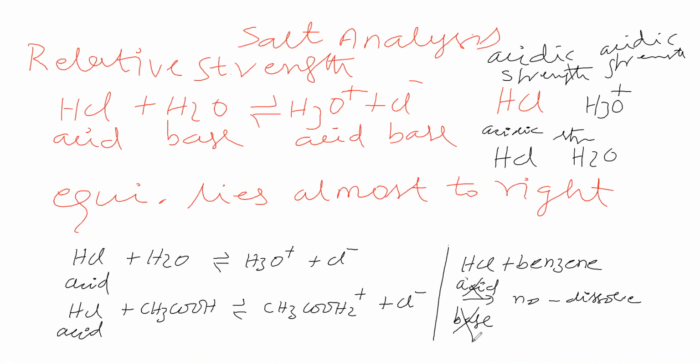But if you dissolve HCl in water, HCl acts as an acid. If you dissolve HCl in acetic acid, HCl acts as an acid. If you add HCl into benzene, these two do not mix with each other. Therefore, we can't say HCl is an acid. Why? Lowry-Bronsted theory says that if a substance donates H plus to another substance, then only that substance is called an acid.